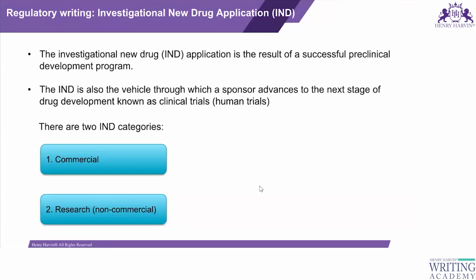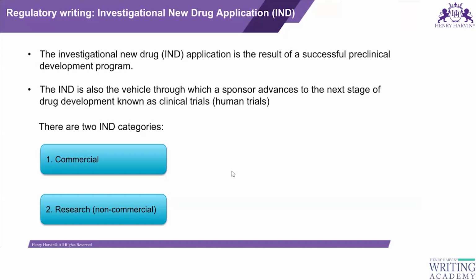Now we will discuss the format and content which is to be there in each type of application. First is the IND. The IND application, the investigational new drug application, is a result of a successful preclinical development program. So a preclinical development program is developed and the IND application is filed.